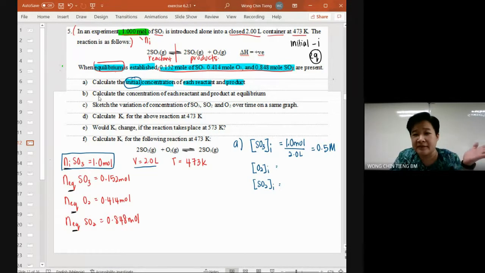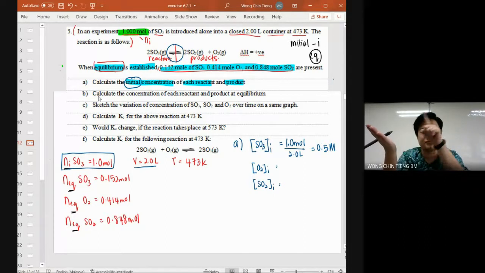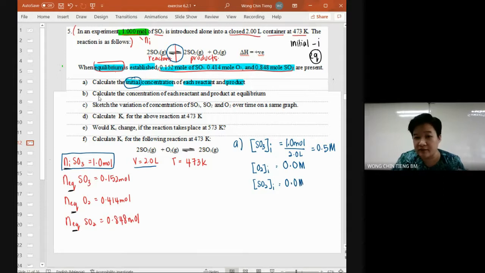Okay, and will the product always be zero at initial? Not necessarily, it depends on the question. Alright, very dependent on the question. There are questions where we start with the presence of product. Bear that in mind, it is a reversible reaction. Reversible reaction means I can start my reaction with the presence of product and force the product to turn back into reactant. Okay, so it is not necessarily zero. But if the question doesn't give it and doesn't ask to calculate anything strange, then we will assume straight away it is zero molar. And among the favorite questions they like to ask is explain. Why is it zero? As simple as reaction has not started.